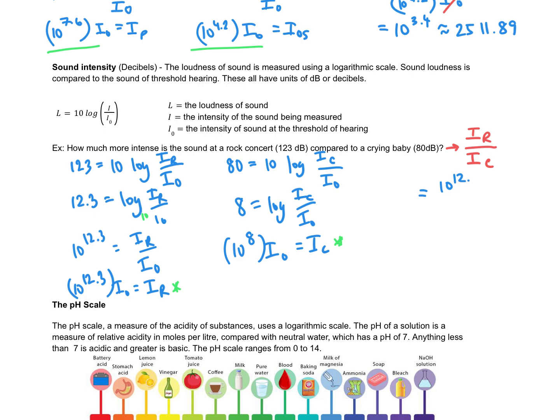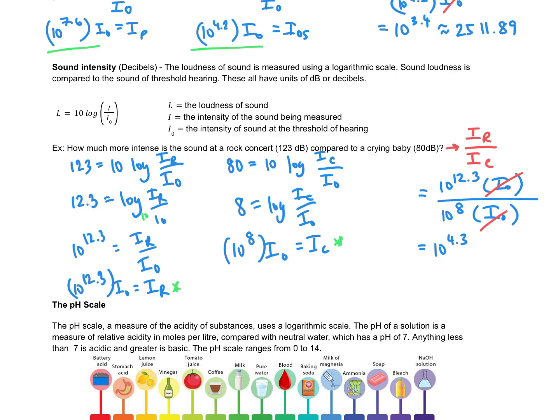So 10 to the power of 12.3 times threshold intensity over 10 to the 8 times threshold intensity. You'll know you've done this correctly if those intensity of sound at the threshold of hearing cancel out. And now I can subtract my exponents. So 12.3 minus 8 is 4.3.